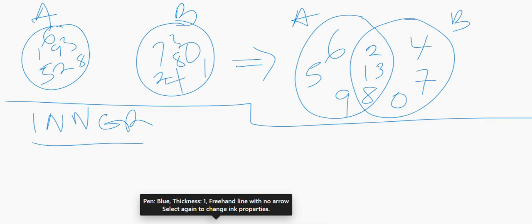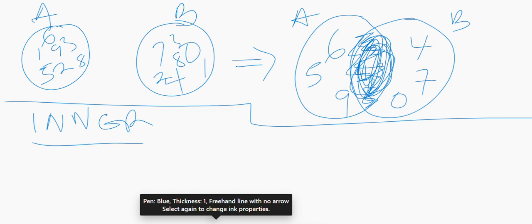Now, inner join. Inner join is us looking for universities that are common to both A and B. So this place that I just shaded is the inner part of A and B. Do you get it? What is common to A and B?